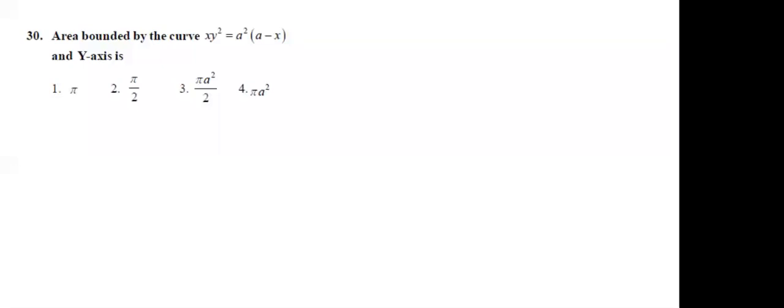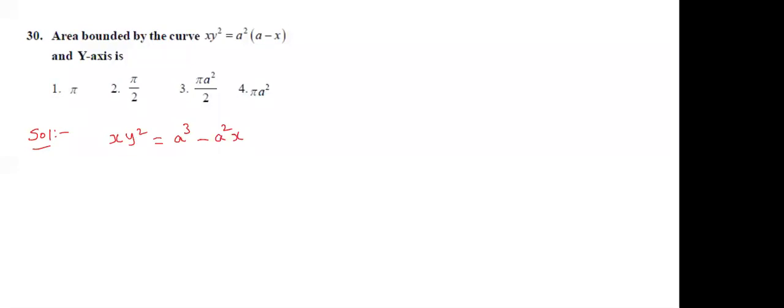Area bounded by the curve x y square is equal to a square into a minus x, and the y-axis is given. This is the curve. How to do this? x y square is equal to a cube minus a square x.